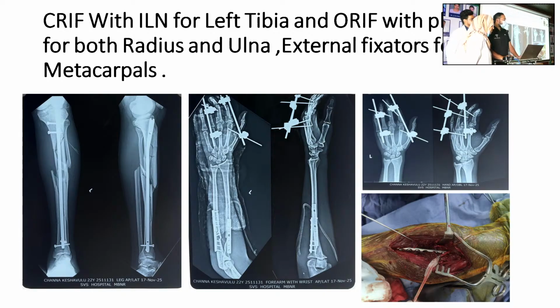What is the difference between delayed primary closure and secondary sutures? Secondary suturing is when the wound gets infected, and after debridement you close it. This is delayed primary closure.